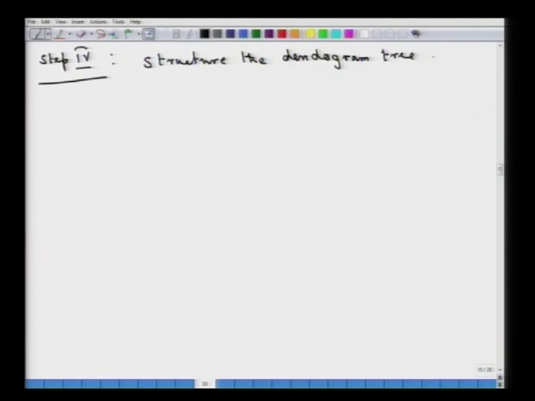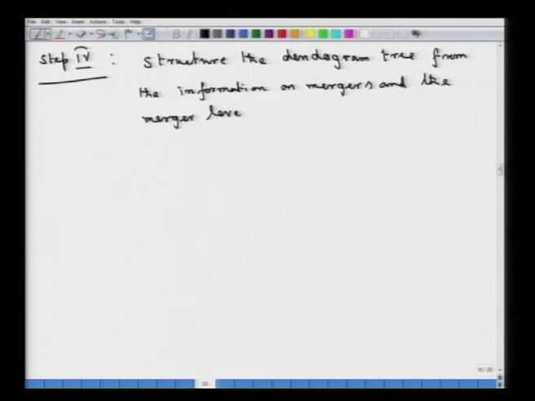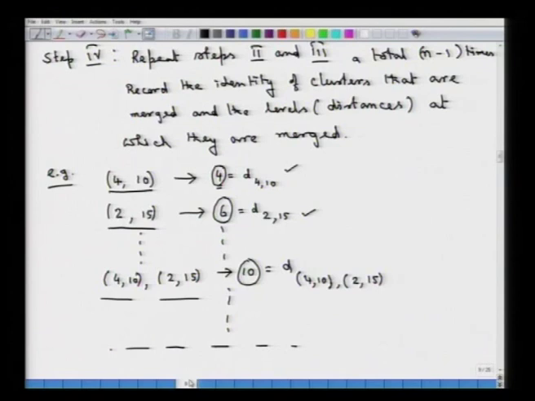Structure the dendrogram tree from the information that we have collected at all these n-1 steps, information on mergers and the merger levels. Right, so these are the steps that are involved in constructing an agglomerative hierarchical clustering approach.